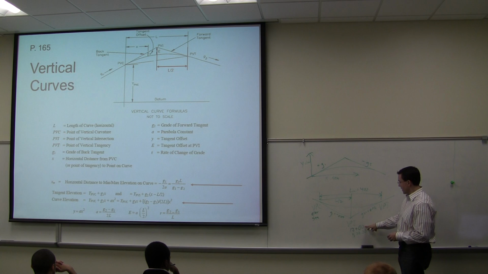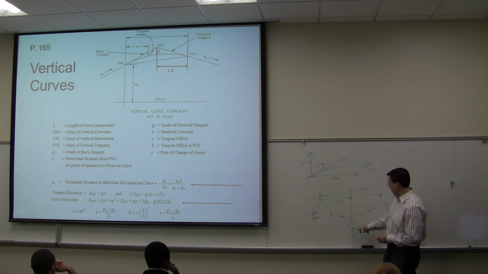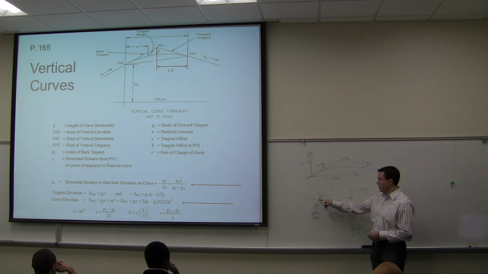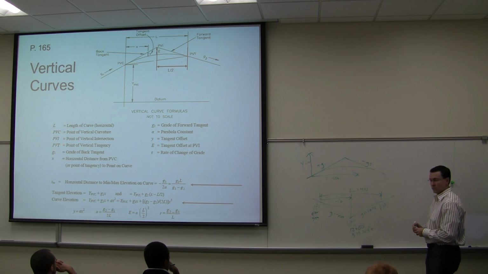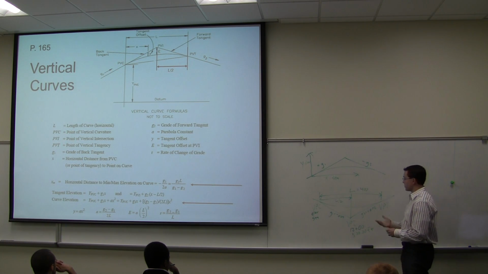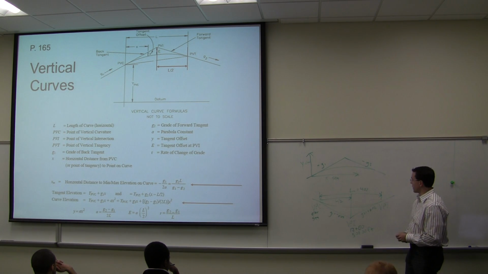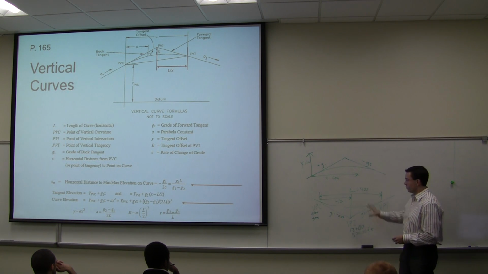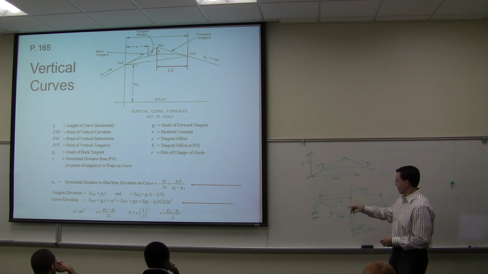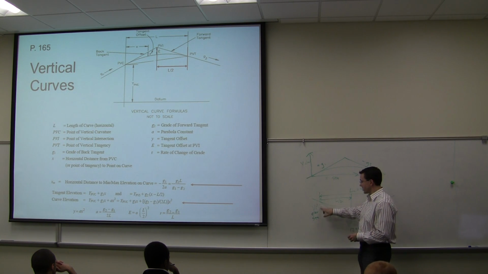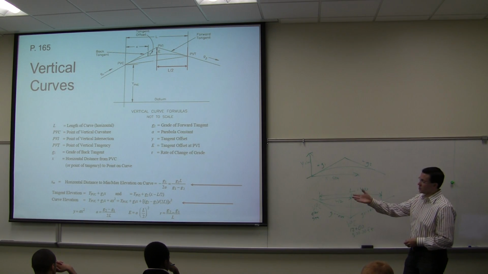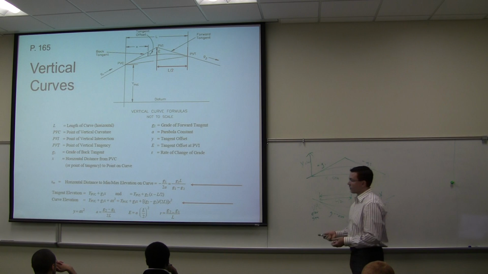From the station standpoint, if this is 12 plus 00, we're going back in the x direction 200 feet. So this station is going to be what? Station 10, or 10 plus 00, and the end one would be 14 plus 00. So don't go looking for an equation of how to calculate the station and the elevation here. The equations are embedded in here, but they're not really explicit.